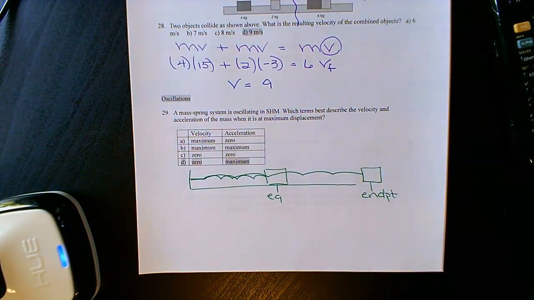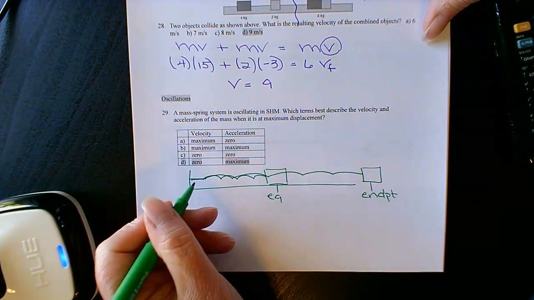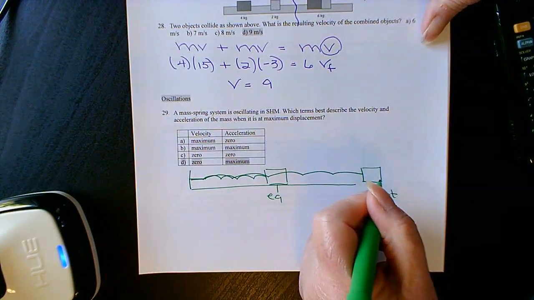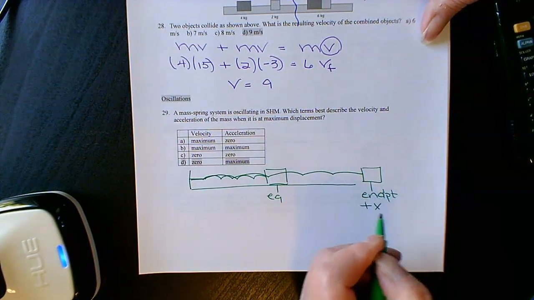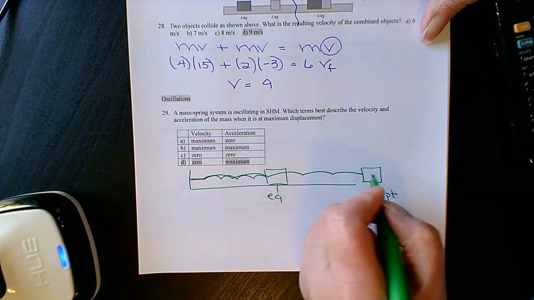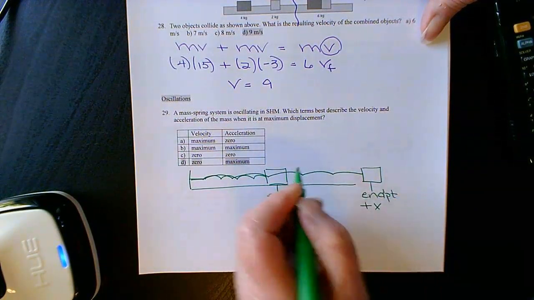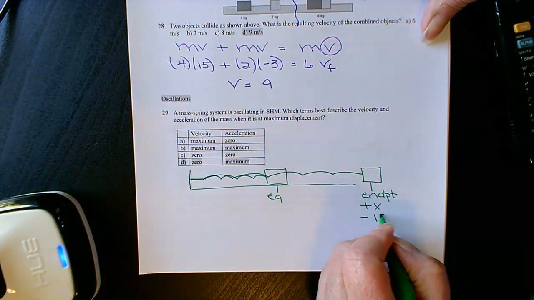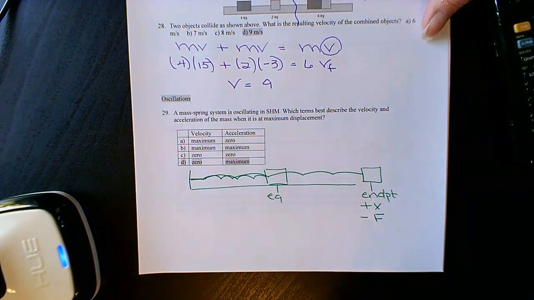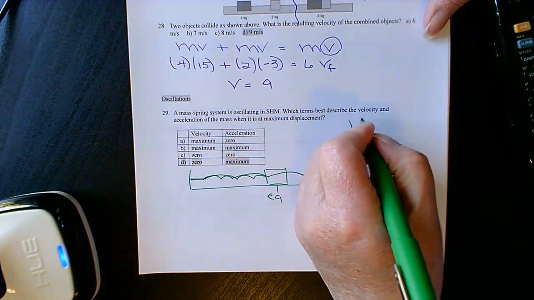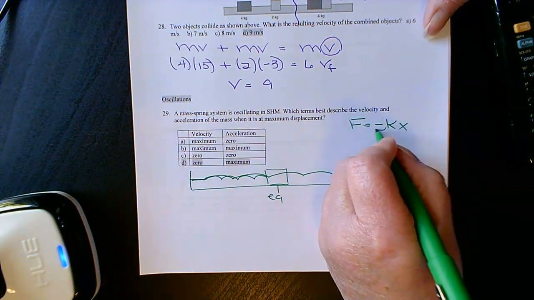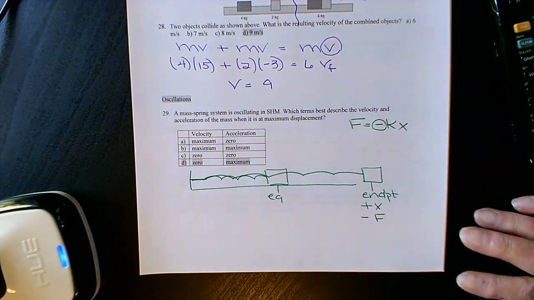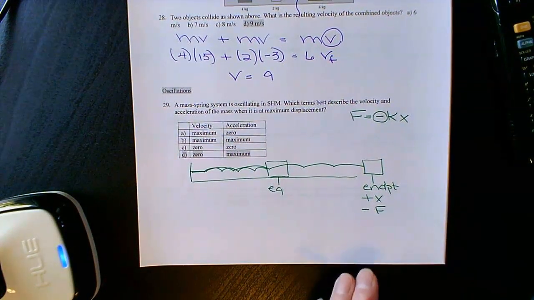Let's talk through our spring facts, what you should know about an endpoint. Since I pulled it over in the positive x direction, the restoring force wants to move it back, so the restoring force is going to have a negative value. That's why in the equation F equals kx, there's always that negative sign: the F and the x always act in opposite directions.